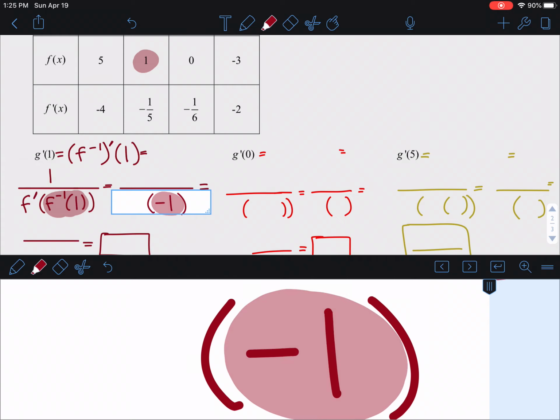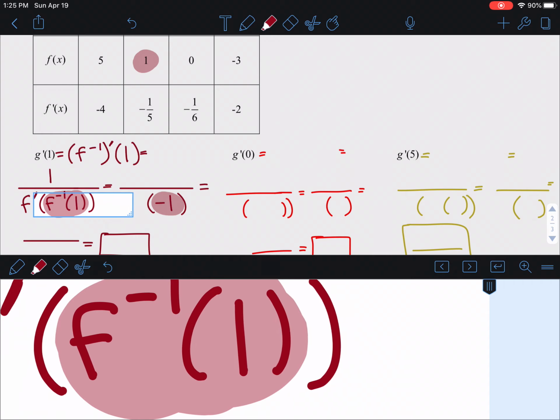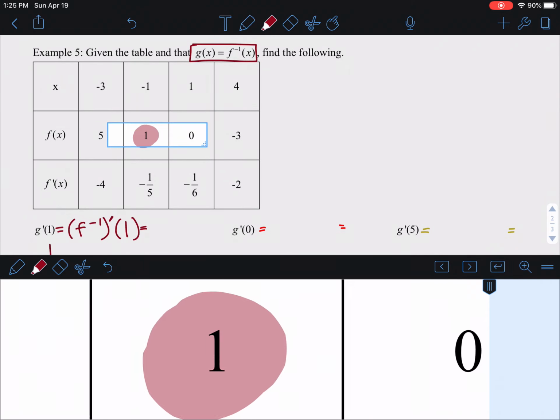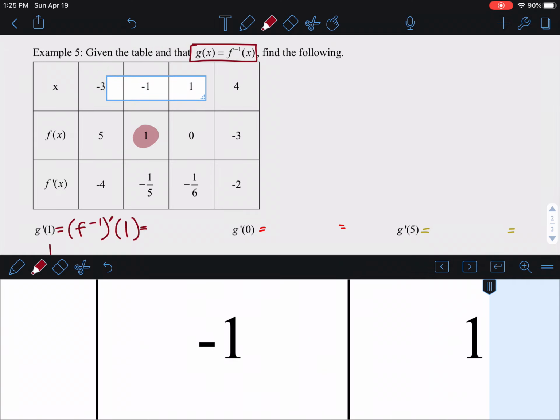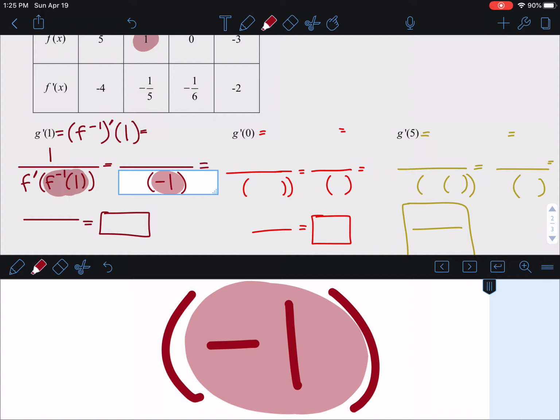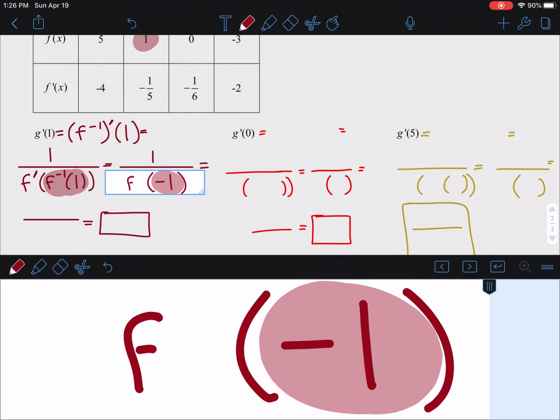So remember, inverse function flips input and output. So if 1 is the input here on the table, I'm looking to see where 1 is an output. And the input there, which was -1, is going to be the value here. Okay, so this is going to be 1 over f prime of -1.